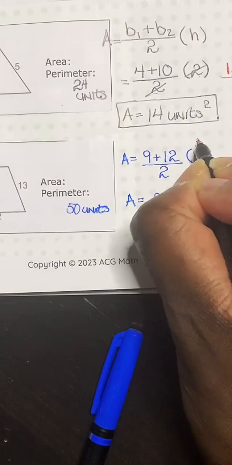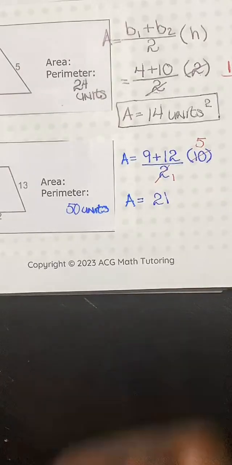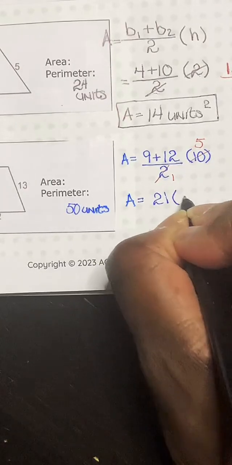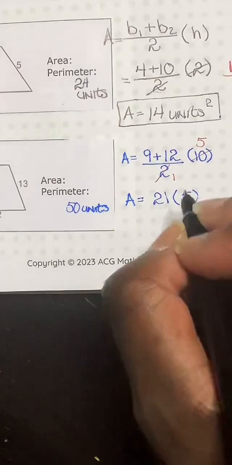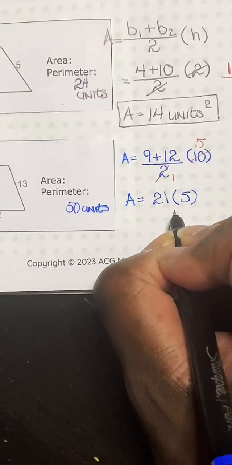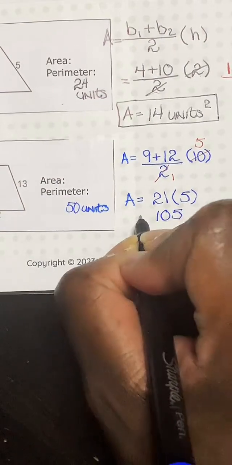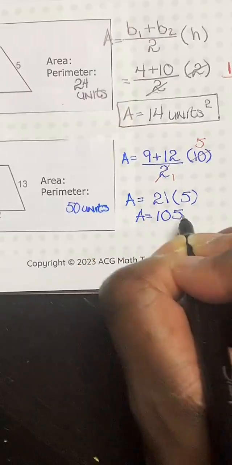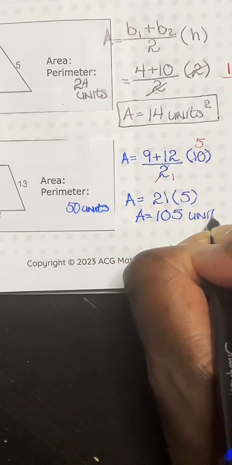This will give me a 5, and this will give me a 1. So now you got 21 times 5. 5 times 1 is 5, 5 times 2 is 10. So my area is going to be 105 square units.